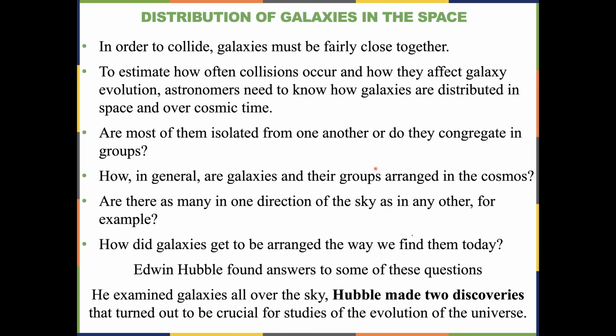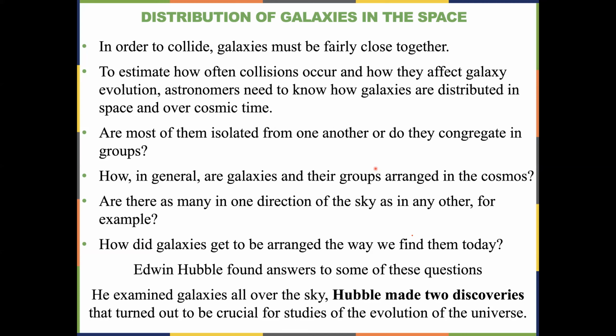Now, in order to estimate how often these collisions occur, what we need to know is how galaxies are distributed in space, right? The main question that we have is whether these galaxies are isolated from one another, or do they congregate in groups? That means they are collected as groups, right?